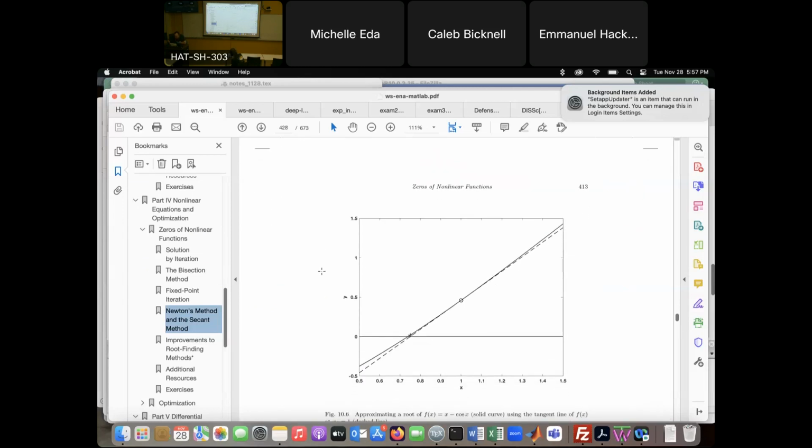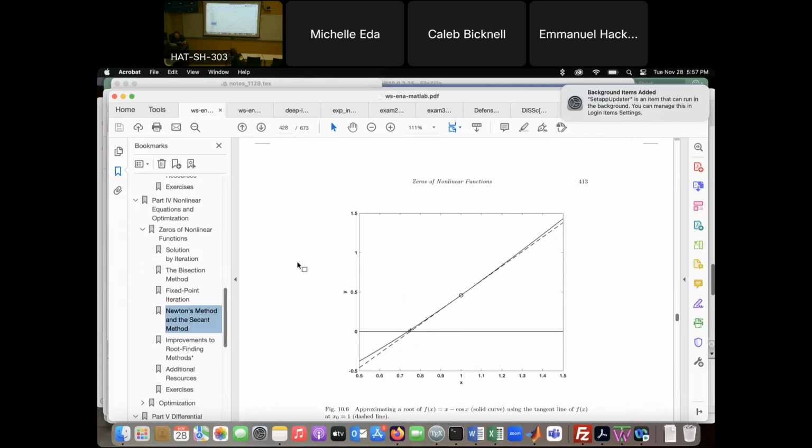That's a function that, for positive x, is always increasing and concave up. So in that code, the initial guess was chosen to be 1. But you could have chosen an initial guess of literally a million, and it would still converge to the square root of 2. It would take a while, but it would do it.